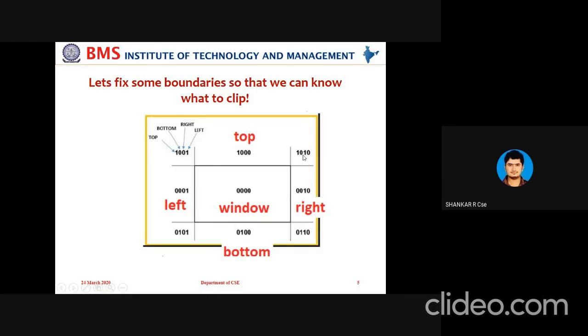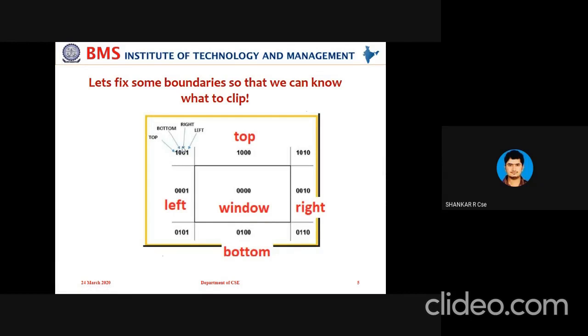This is top right. So in TBRL, T is 1 and R is 1, so B and L are 0. This is how you make your machine understand where exactly your pixel lies, and I can use these 4-bit codes to make my machine understand this.